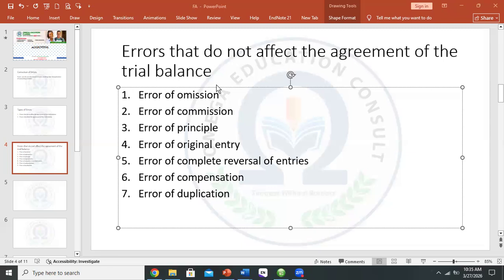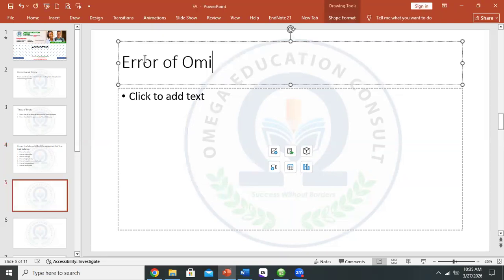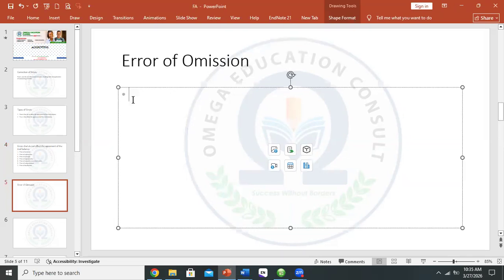Okay. So let's pick the first one, an error of omission. And as Portia rightly put it, Austin, this error occurs when the transaction is not recorded in the books at all.